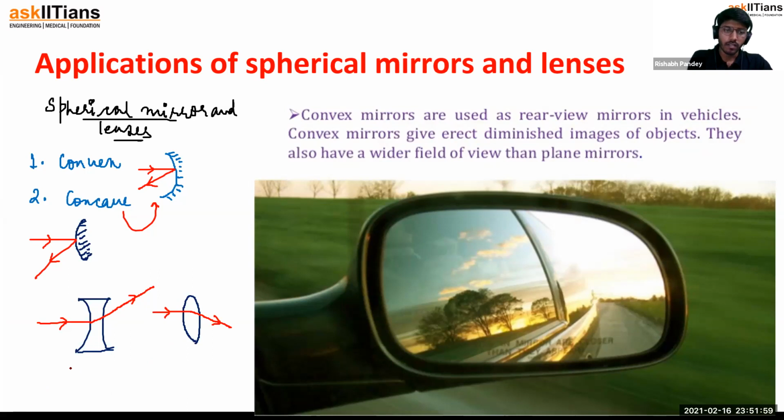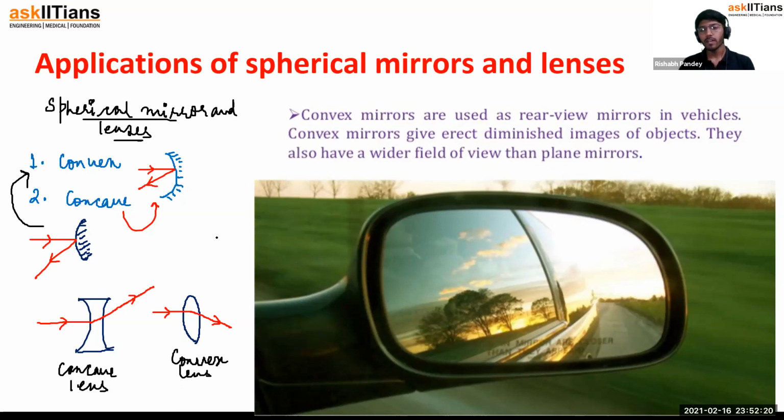So this is a concave lens, whereas this is a convex lens. This is a convex mirror and this is a concave mirror. There are different uses of these kinds of mirrors.